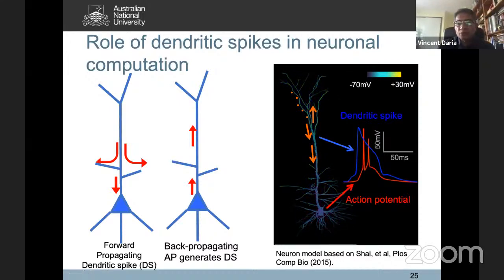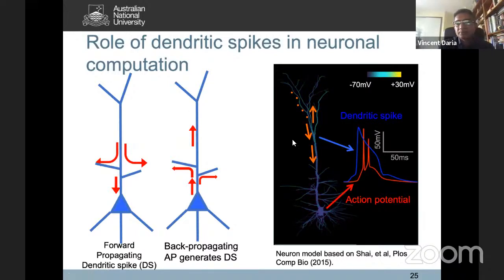We can also produce that dendritic spike if we make this neuron fire action potentials. The action potentials then back propagate towards the neuron, and then it will also drive this part here to fire a dendritic spike.